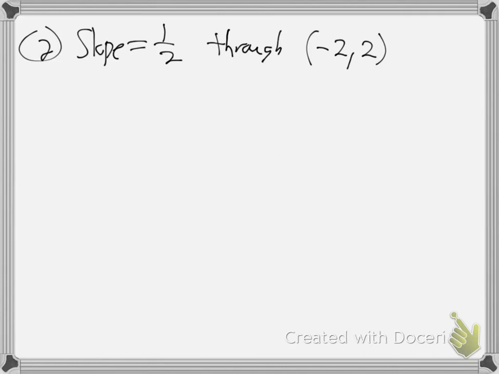So what you write first is you write slope equals y minus y1 over x minus x1, like that.